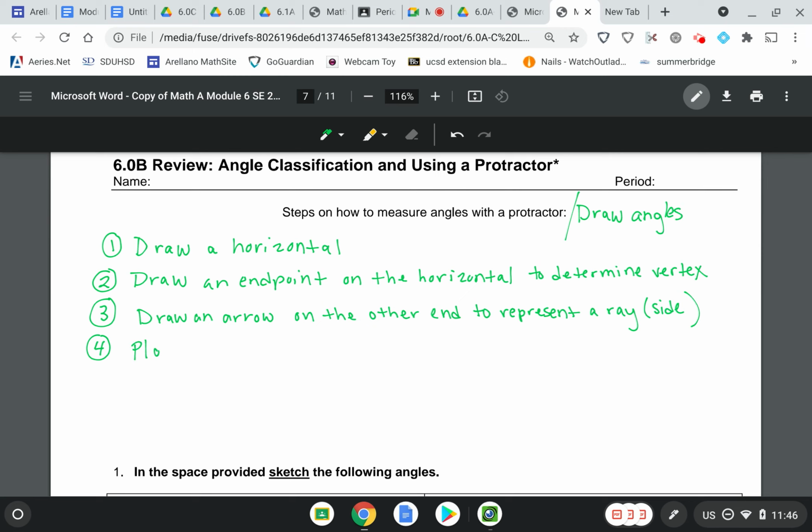So you're going to place the center of your protractor on the vertex that you drew and align it with the horizontal. And you have to align it with 0 degrees.